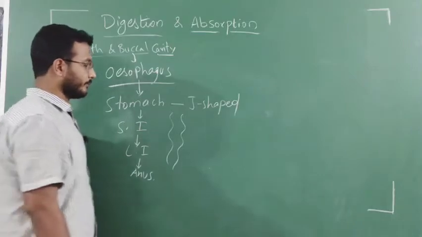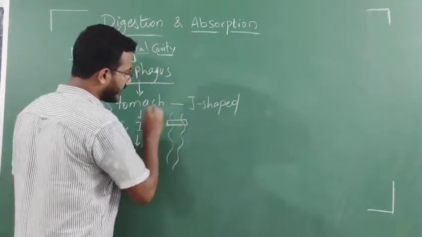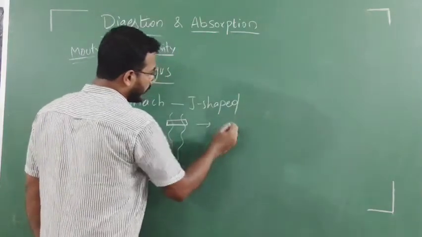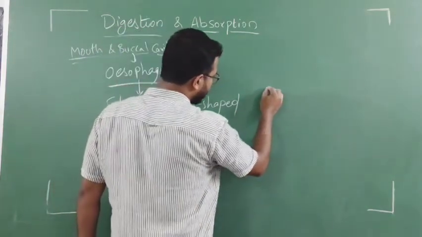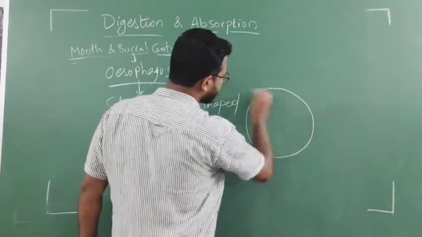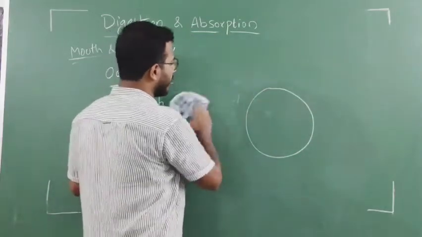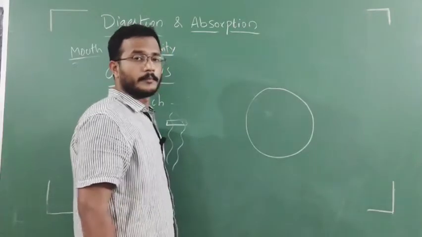For example, if you cut the pipe here and look under the microscope, we can find this is a tube-like structure. So this is a tube, and we can observe different types of layers in the alimentary canal.